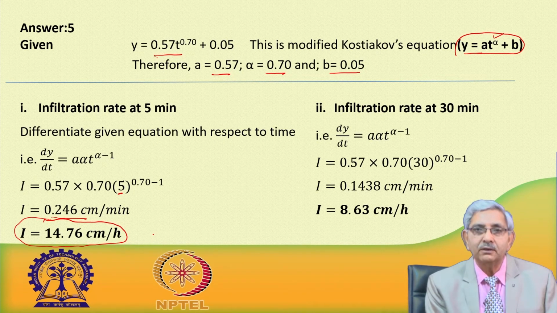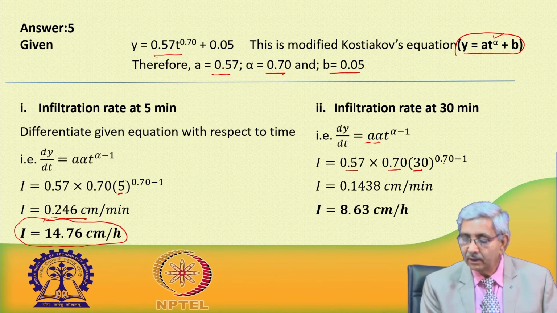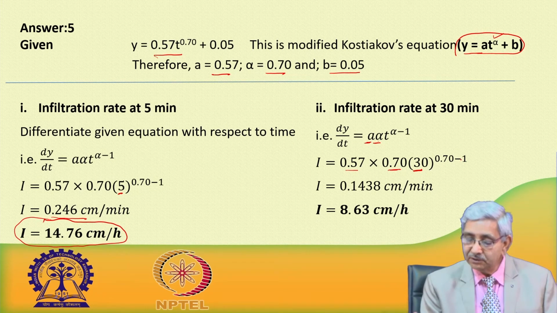Now, when we are interested to obtain it at 30 minute, it is very simple. In the same way as we did for the 5 minute interval, we can do for the 30 minute interval. Already we have the value of a, that is 0.57, and the value of alpha, that is 0.7, and t is 30 minute. So, we substitute t as 30 and alpha minus 1 as 0.7 minus 1.